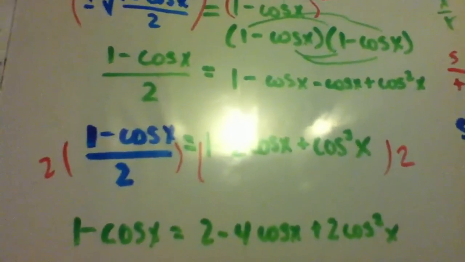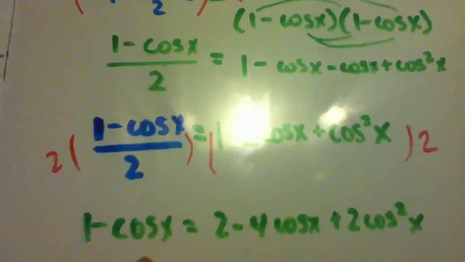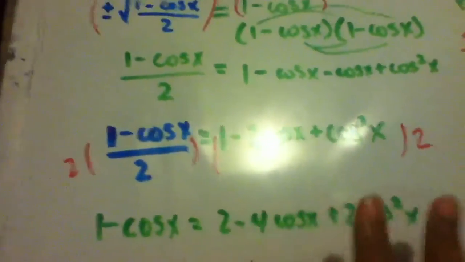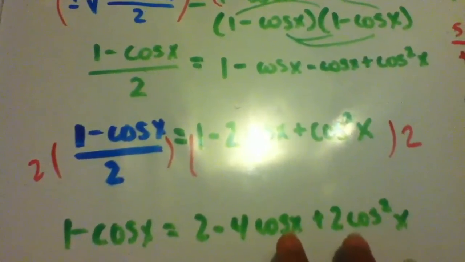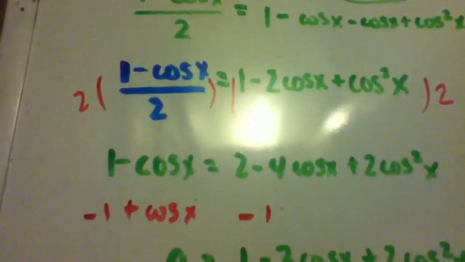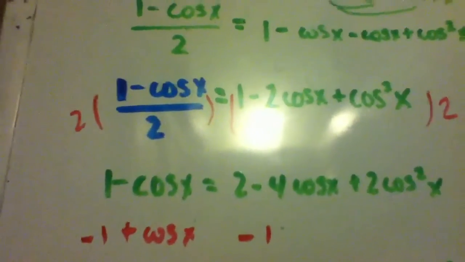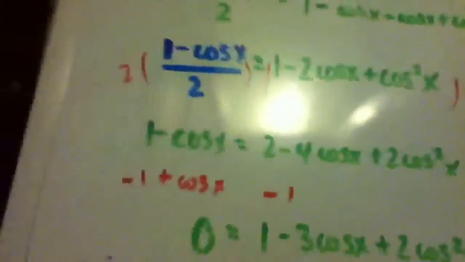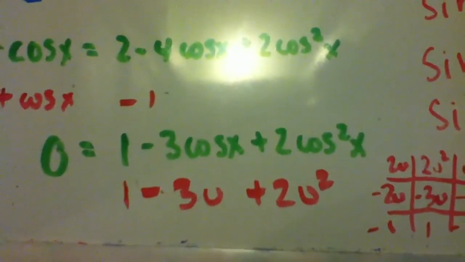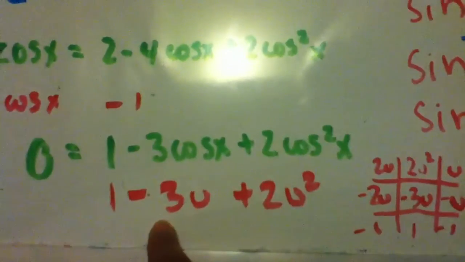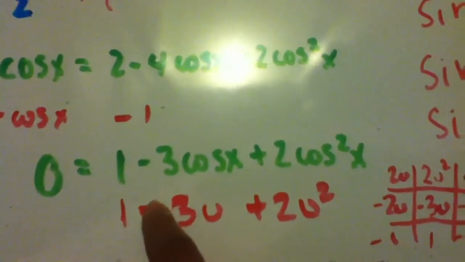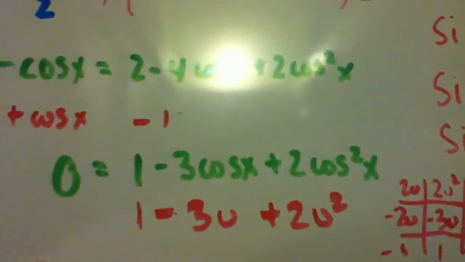And for our next step we are going to move this over so that we have everything on one side. So we subtract 1 and we add cosine x so that we end up getting 1 minus 3 cosine x plus 2 cosine squared x.